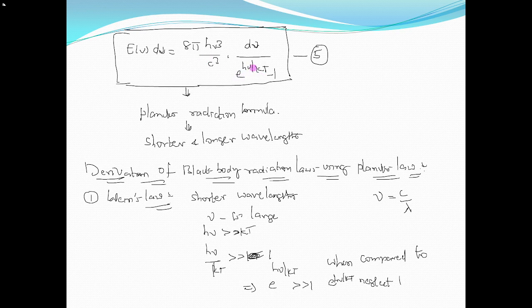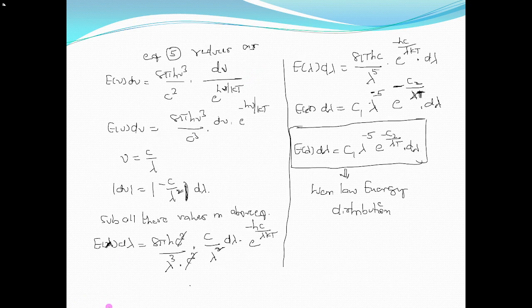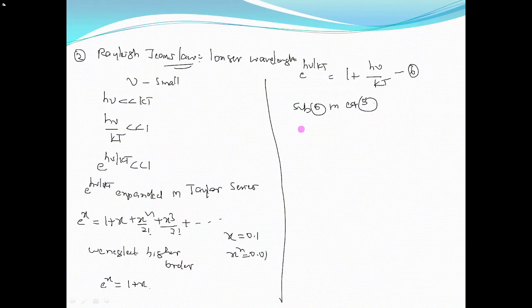If I substitute e power h nu by kT as 1 plus h nu by kT, minus 1, I'll get E nu d nu is equal to 8 pi h nu cube by c cube into d nu by 1 plus h nu by kT minus 1.